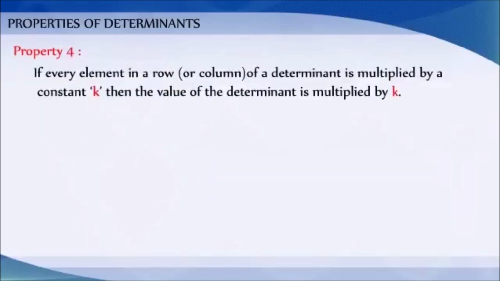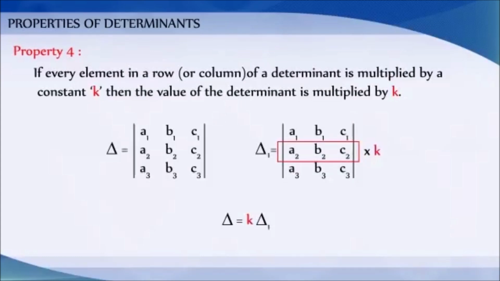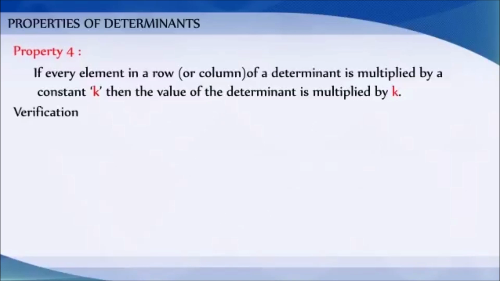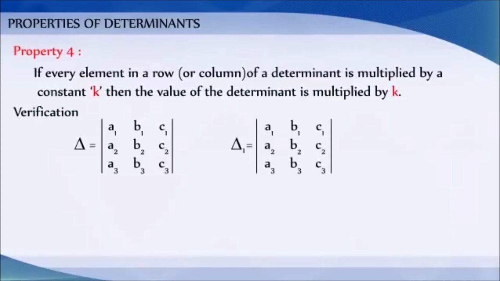Property 4. If each element of a row or column of a determinant is multiplied by a constant k, then its value gets multiplied by k. Verification. Let delta be equal to the determinant a1 b1 c1, a2 b2 c2 and a3 b3 c3, and delta 1 be the determinant obtained by multiplying the elements of the first row by k. Then delta 1 is equal to the determinant of ka1, kb1, kc1, a2 b2 c2 and a3 b3 c3.